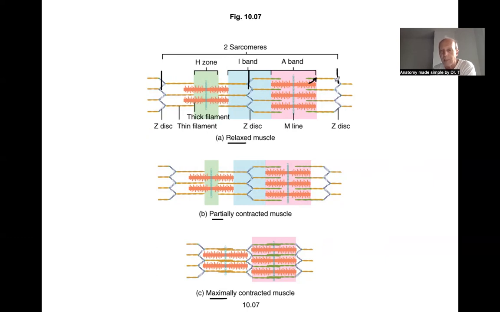You are just pulling thin and thick filaments into more significant overlap. So it will look, when you observe the entire sarcomere, that with a contraction of the muscle, both ends, Z lines, are pulled closer to the M line, the middle point of the sarcomere.